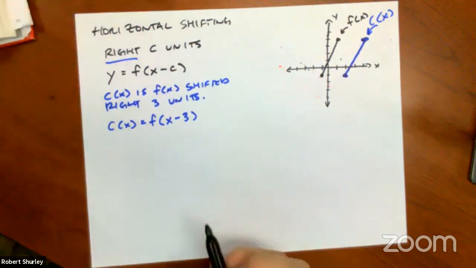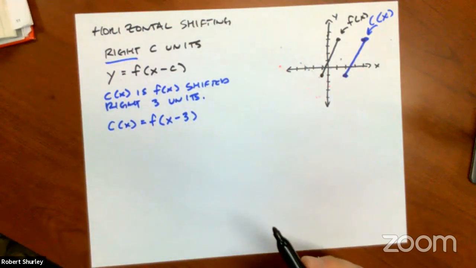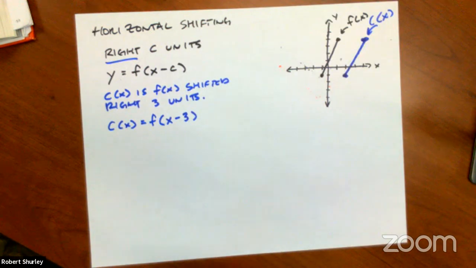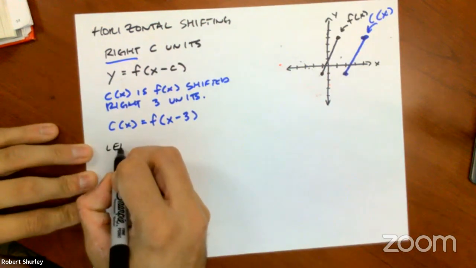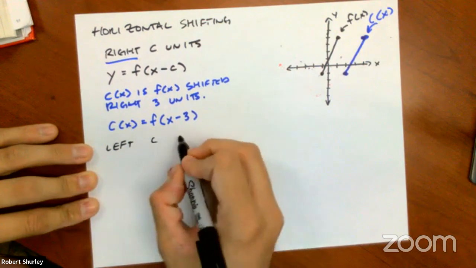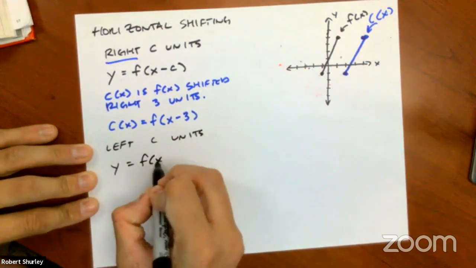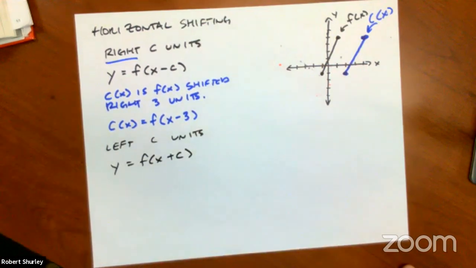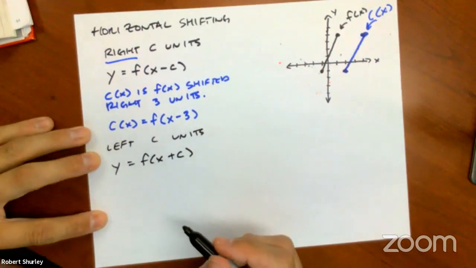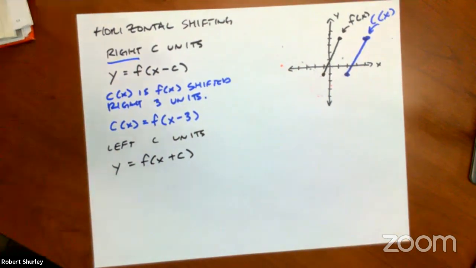Now, to go to the left is the opposite. If you have one memorized, the other one's vice versa. So if I want to go to the left, you guessed it, I've got to add inside. You just add c units. So let's say I want to do that same thing, but we'll do L of x.